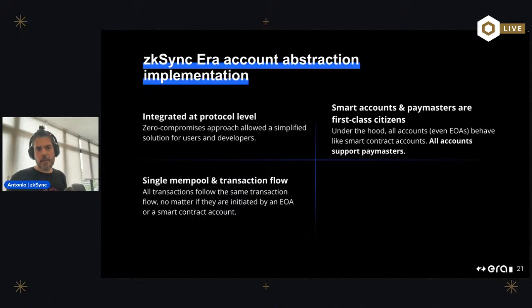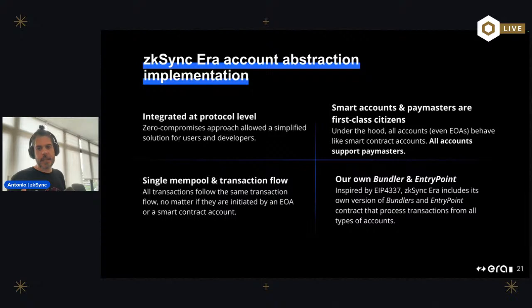So for a user, you can still use your MetaMask or your Rabby wallet or your Sirion, whatever EOA. You can send a transaction, and when we pick it up, we say, hey, this is an EOA, let's use this default smart contract account. So for a user, it's completely transparent, but behind the scenes it is using a smart contract account.